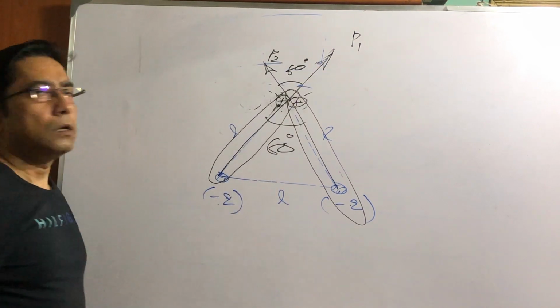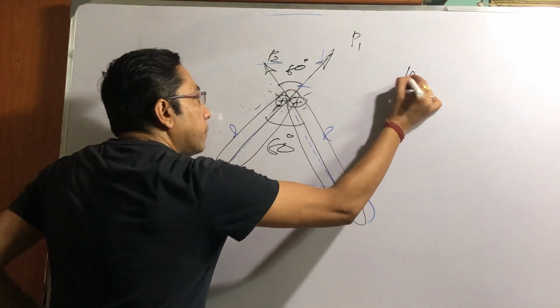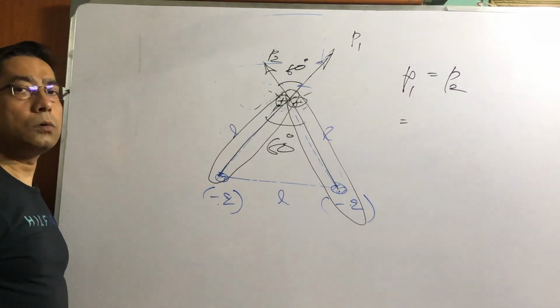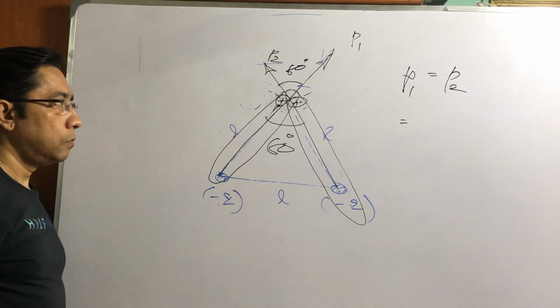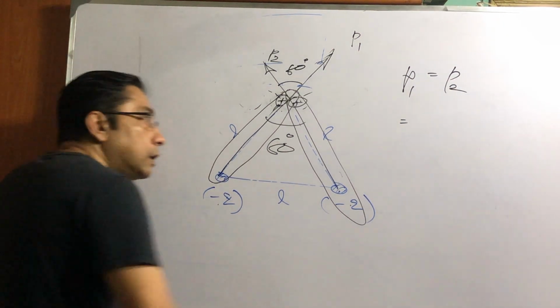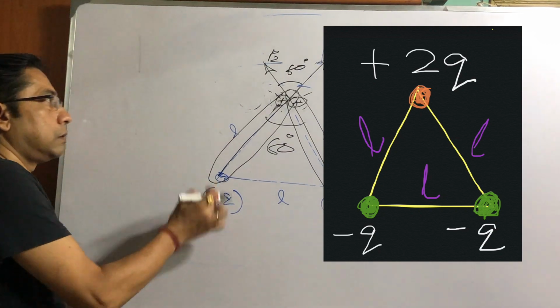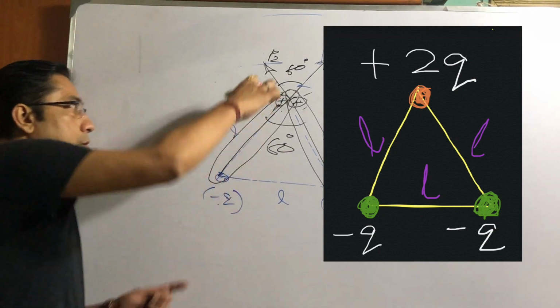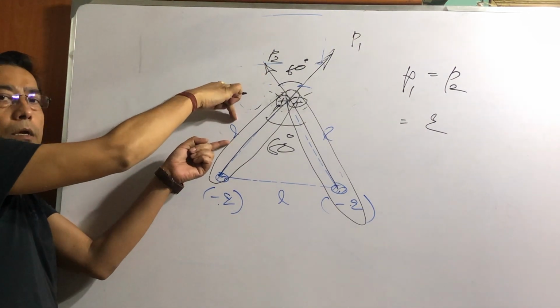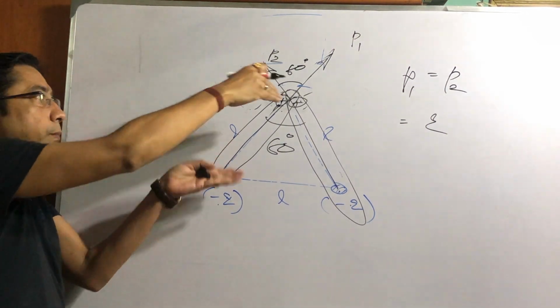So this angle would be 60 degrees. Now, we know from this that P1 equals P2. We can see it from the figure. What is the value of P1 or P2? Q, charge of any one, into 2L. But 2L is here L only. We will consider the length between the two charges.